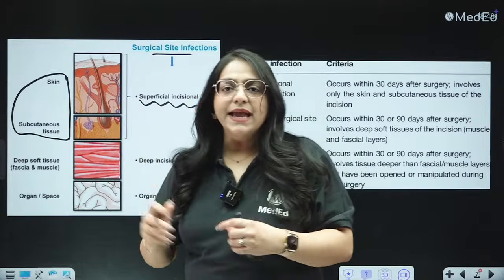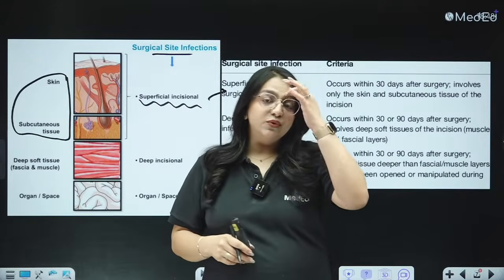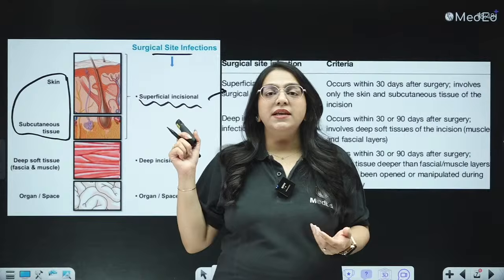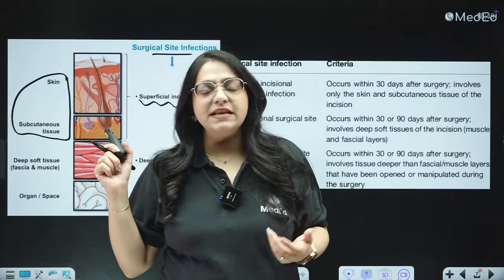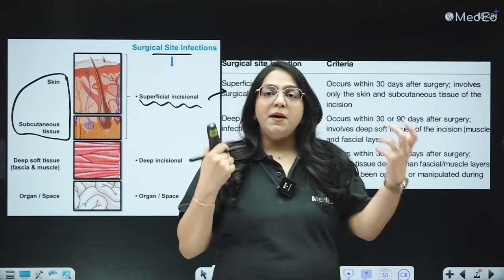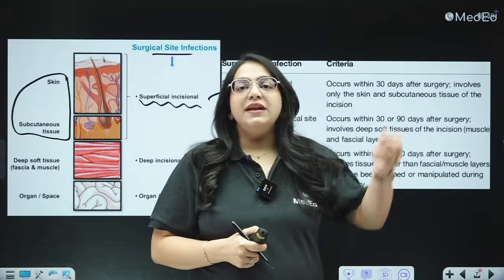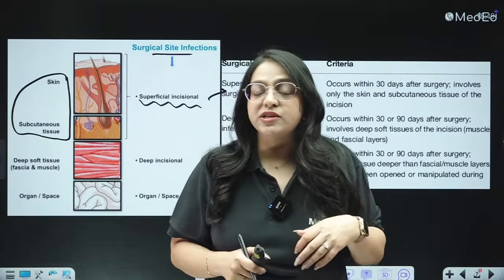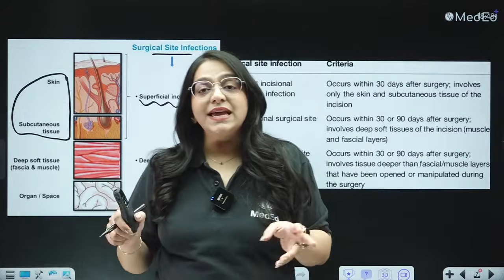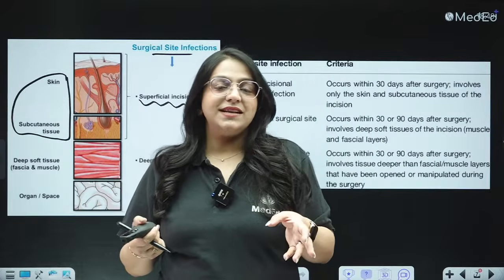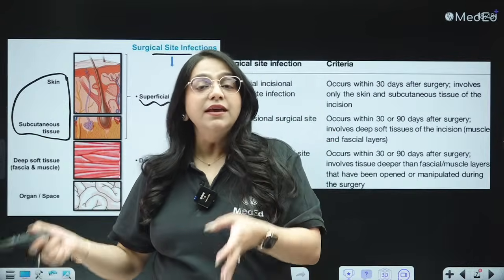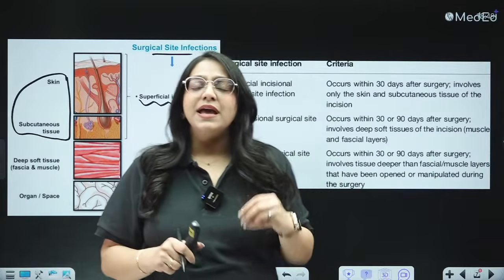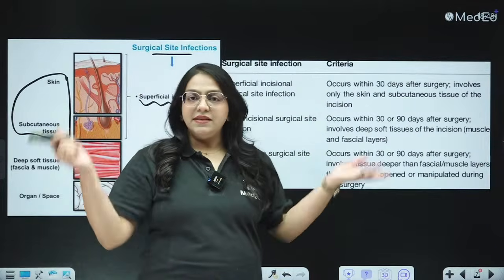Up till what time can you blame the surgeon for giving you this SSI? Suppose you had a surgery today. Here our patient started developing pus after 7 days of discharge. But what if a patient starts to develop that pus on the 40th day, or the next month after performing the surgery? Up till what time can you say that this is actually a surgical site infection which has happened inside the hospital, or because of surgical technique, and not because of any other reason, right?